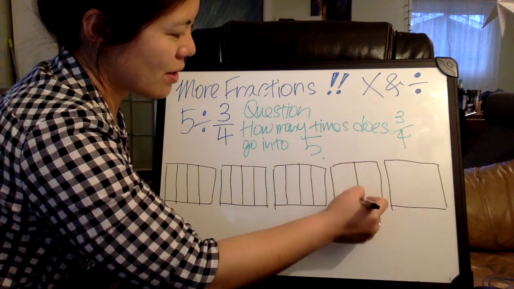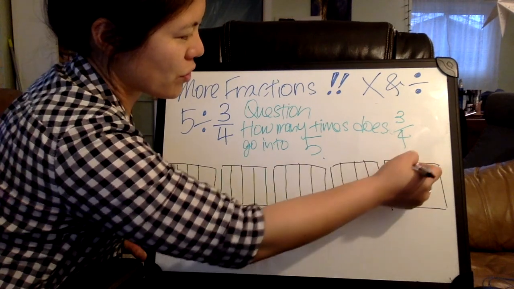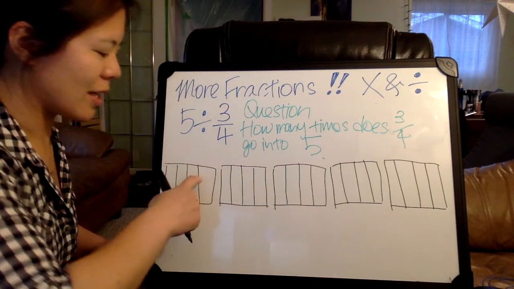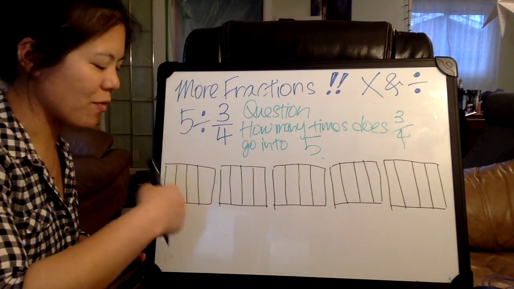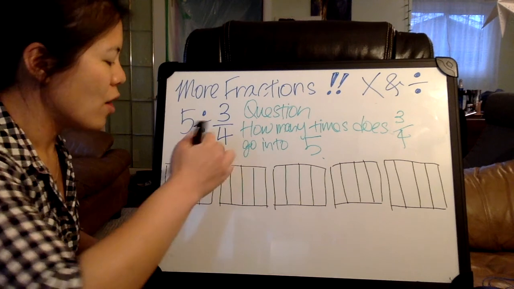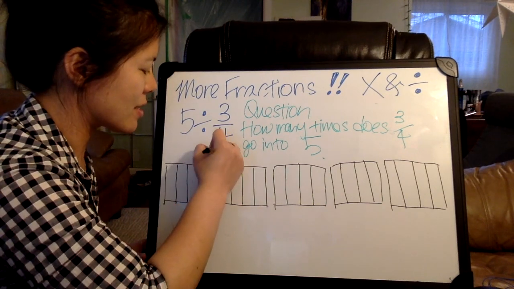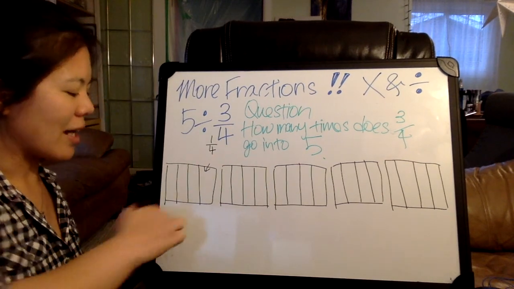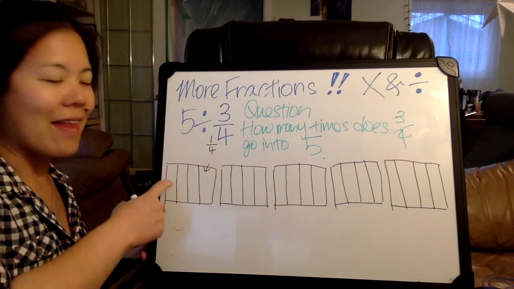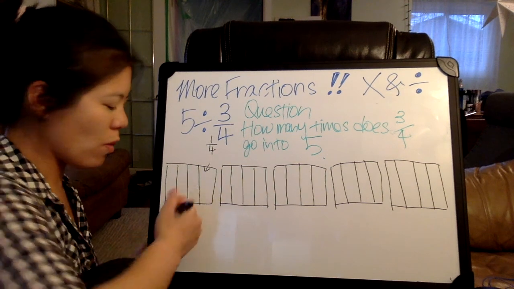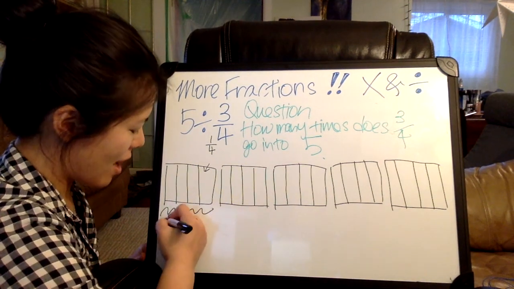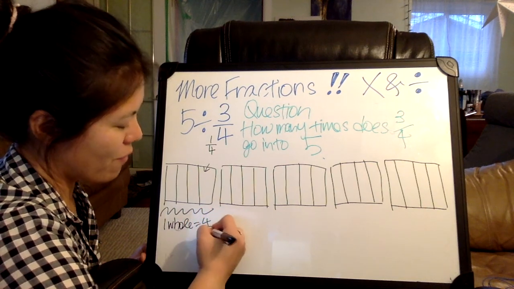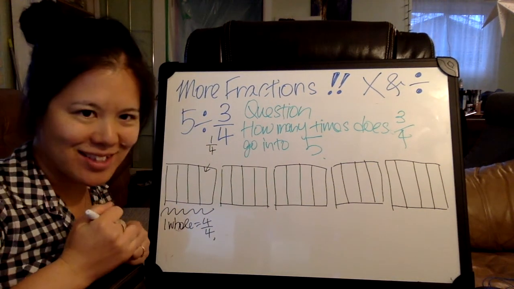If I'm just looking at 1 out of the 4 pieces in one whole, that little piece is 1/4. And this whole, this part right over there, is one whole, which is 4 out of 4. So that's the starting point.